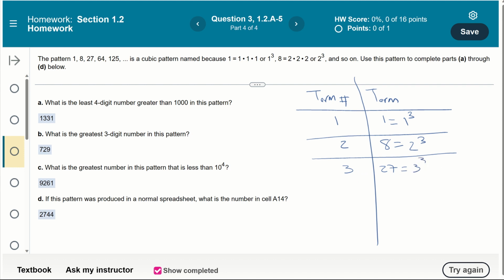So they want to know what is the least 4-digit number greater than 1,000. Now, if we keep going down here, we know that 1,000 itself is going to be one of these numbers. Why? Because if you think about it, that's 10 cubed, right?